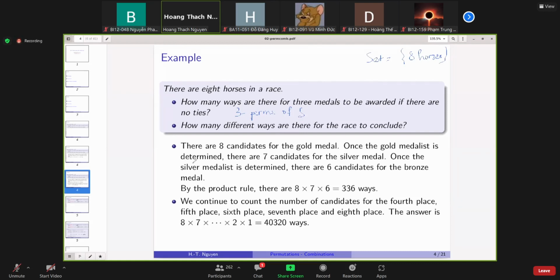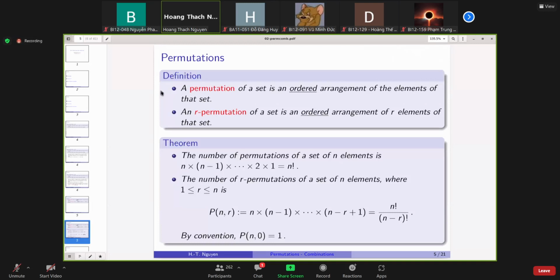And you can easily generalize this result to count the general number of permutations of a set, which is given here in this theorem.